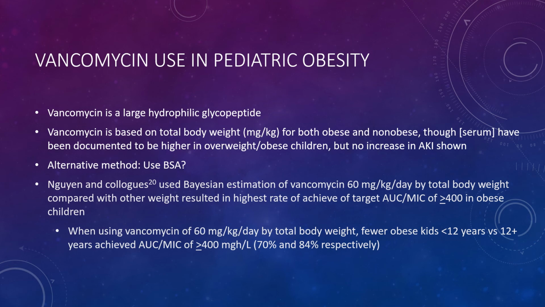An alternative method that can be considered is BSA, though height might not always be available and people might not be as familiar with it. Using a Bayesian estimation, when using vancomycin of 60 mg per kg per day, fewer obese kids less than 12 compared to those greater than 12 achieved an AUC/MIC of greater than or equal to 400.